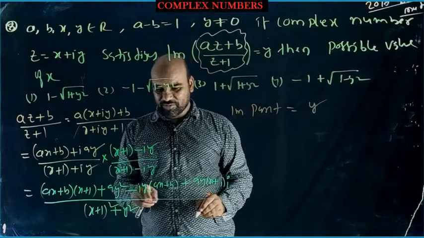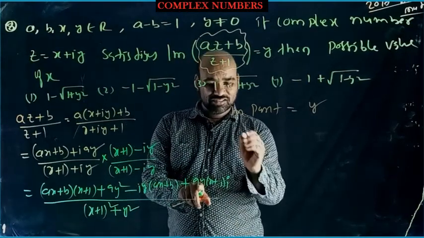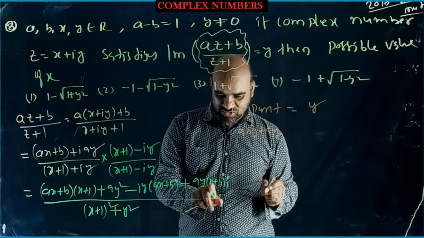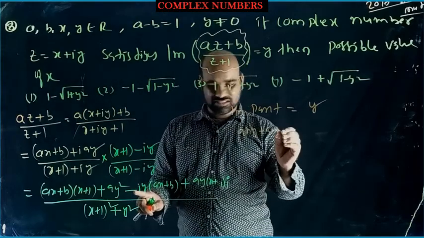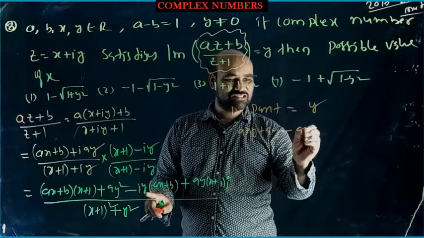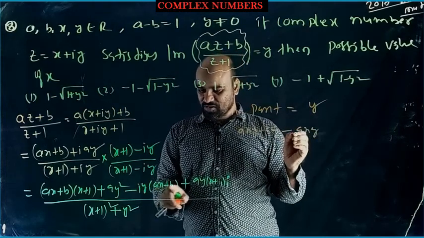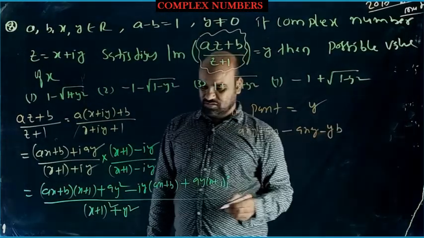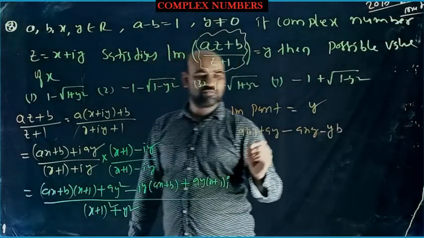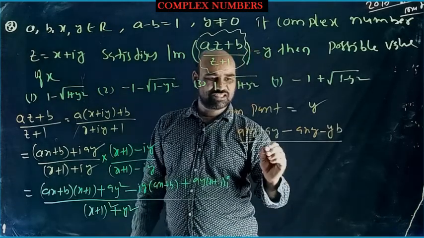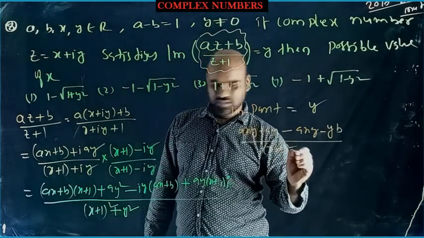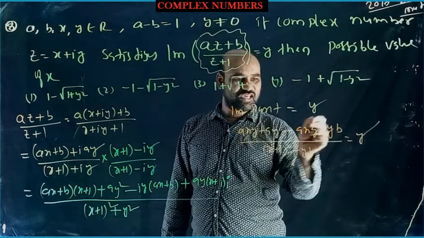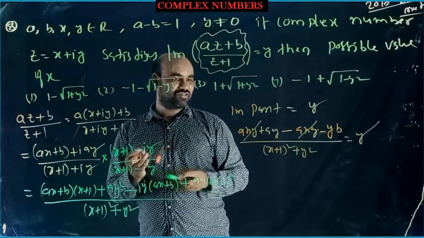So what is the imaginary part here? axy plus ay minus axy minus yb, by (x plus 1) whole square plus y square. It should be equal to y. So axy gets cancelled.